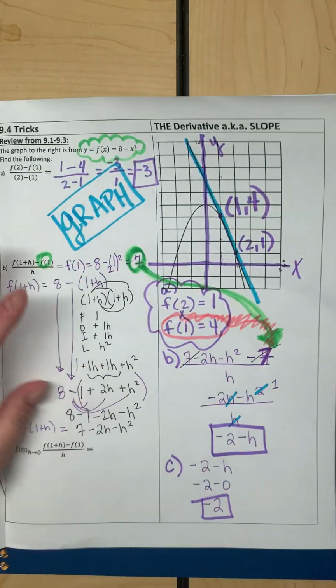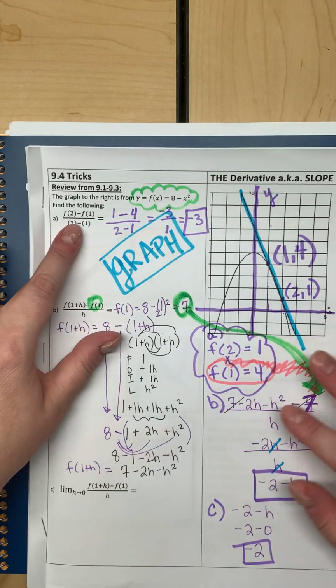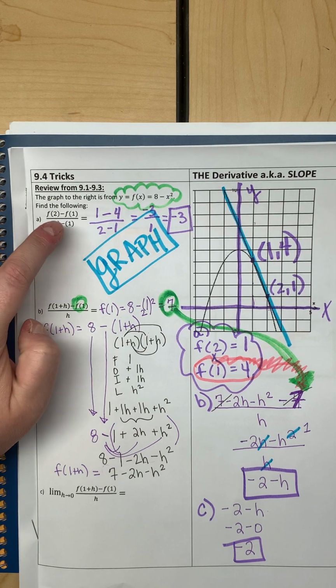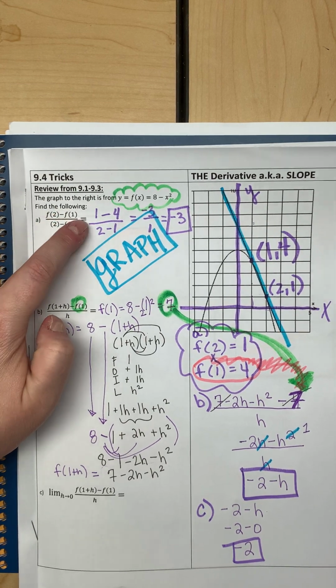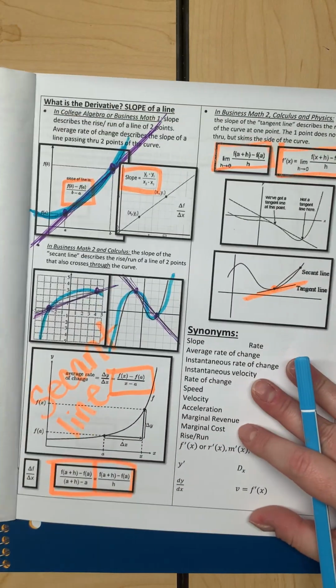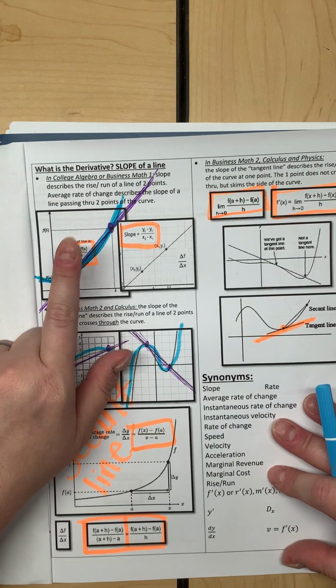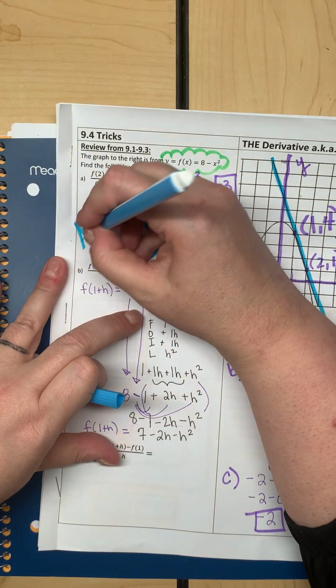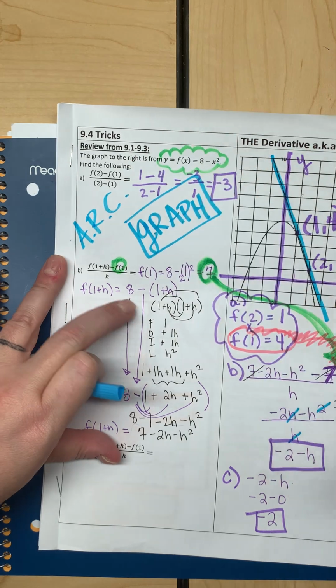So, if we look back to the very first number 1 problem that we did from our homework, this f of 2 minus f of 1 is technically the average rate of change from college algebra and business math. Average rate of change, okay?